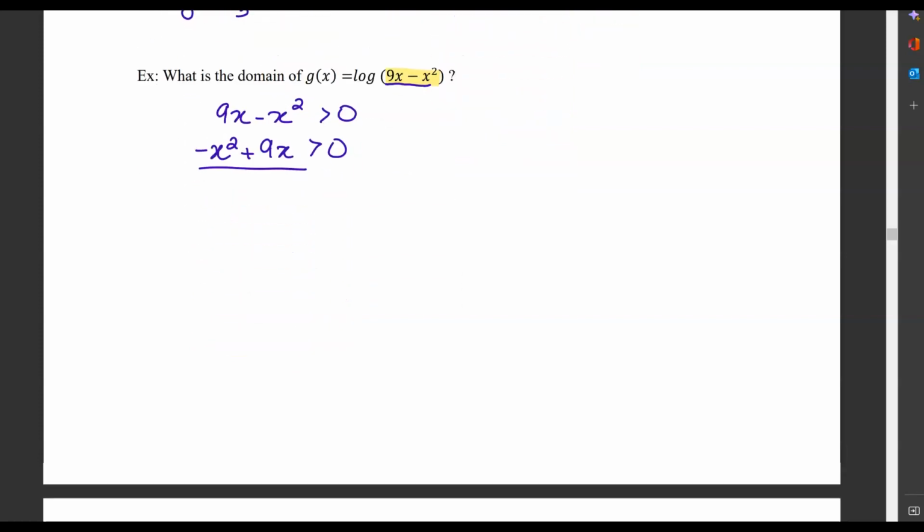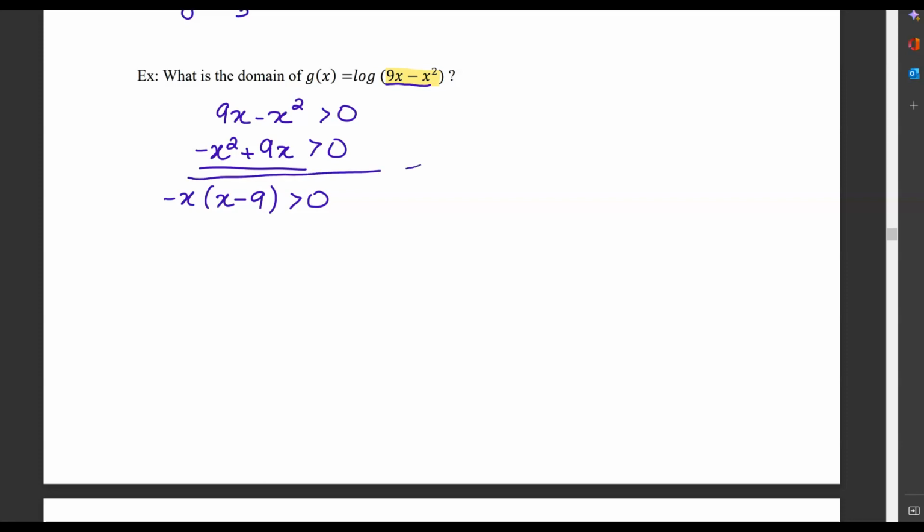What does this look like when we factor? They have a factor in common, which is our x, but let's pull out a negative x. When I pull that out, I get negative x times x minus 9 is greater than 0.